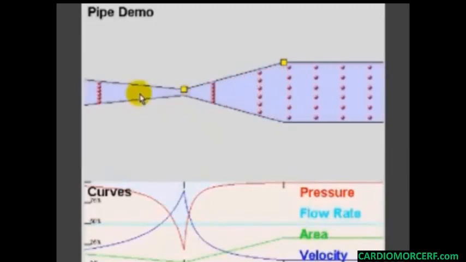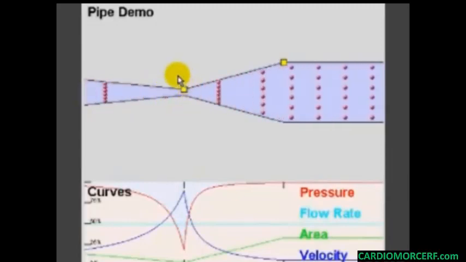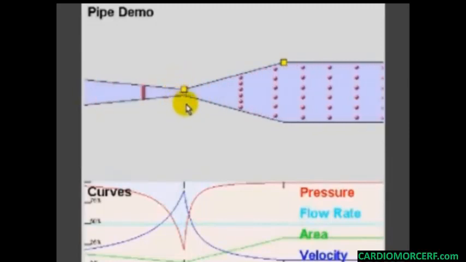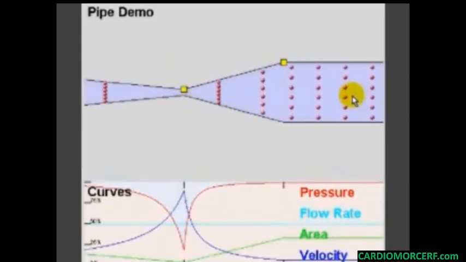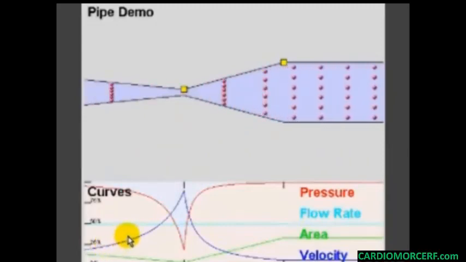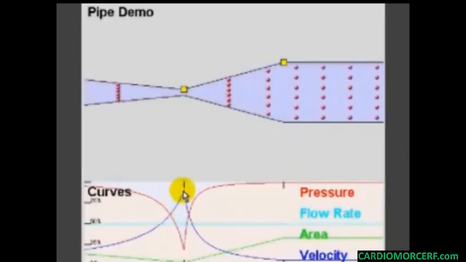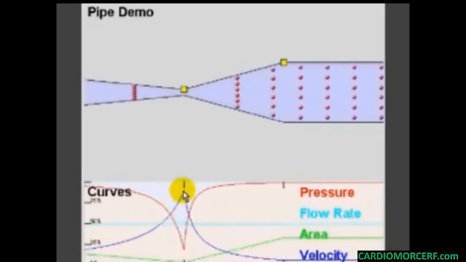Then the velocity of flow in the direction of obstruction has to increase as the area decreases for the sake of mass conservation law. And after the obstruction, the velocity decreases as the area increases. The increased velocity in the obstruction is due to mass conservation law.